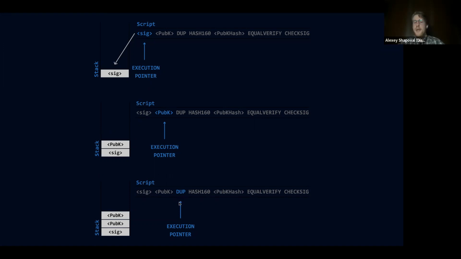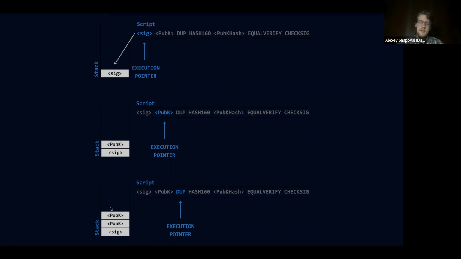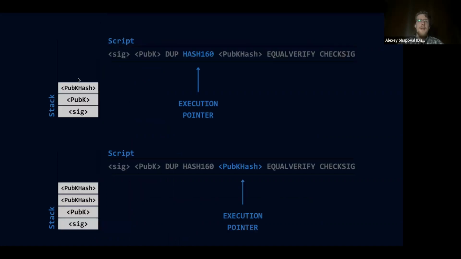Then we have duplication. So what happens? We take this public key and duplicate it. So now we have two public keys in the stack, and you will see why in a moment. Then we do the hashing with RIPEMD160, and this public key at the top turns into a public key hash.